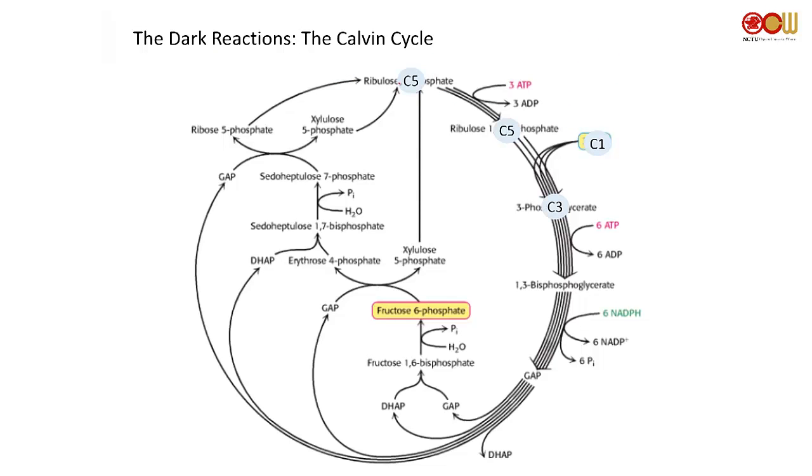So, without further delay, this is what the Calvin cycle looks like. It's a complex cycle, but we're going to go through it in detail. I really like this particular picture of the Calvin cycle.